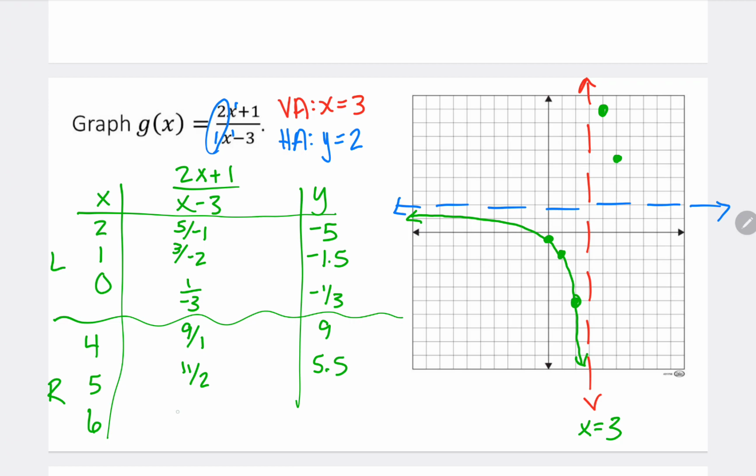So a little over 5. And when I plug in 6, I get 12 plus 1 is 13 over 6 minus 3, which is 3. So a little over 4. And again, I'm going to draw that branch getting closer and closer to my asymptotes. And that's my hyperbola for this first graph.